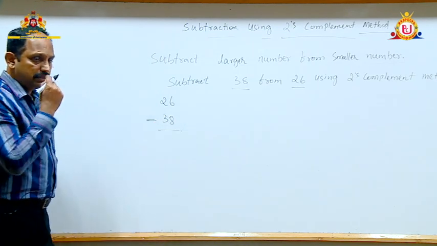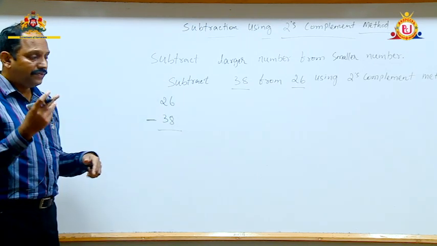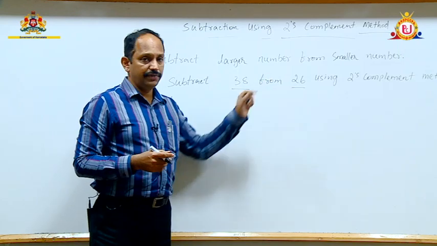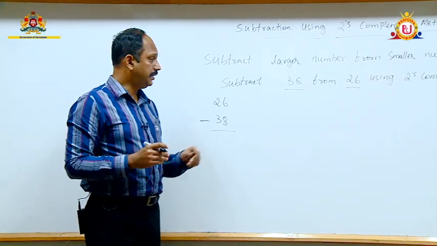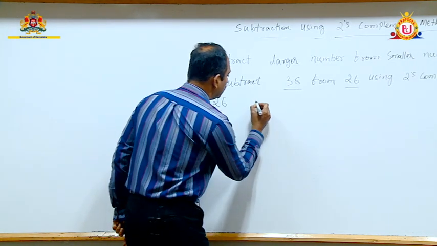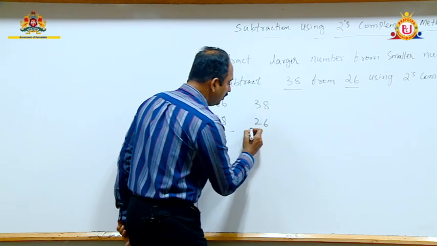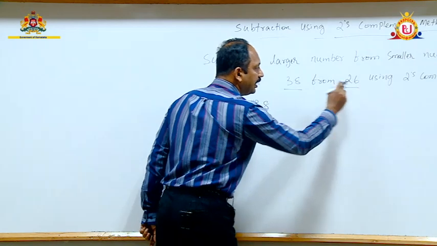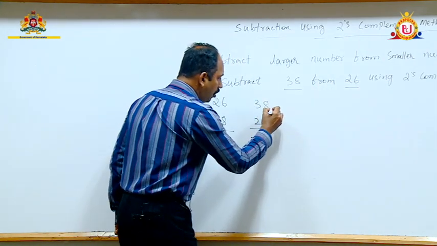So what is the sign attached to this 38? Minus, because we are finding the difference between 38 and 26. So one should not write 38 at the top and 26 at the bottom. If you write like this after reading this kind of statement, then this is wrong.